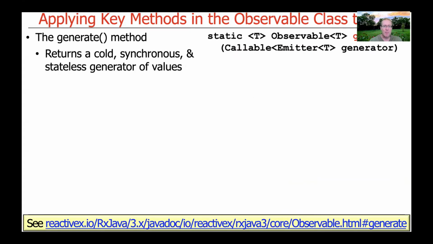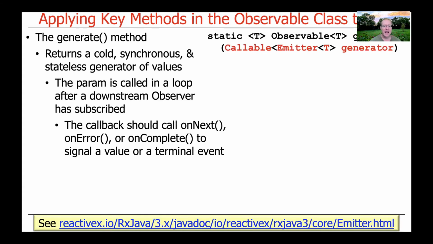So the generate method is going to return a cold, synchronous, and stateless generator of values. And what happens here is you pass in a callable, as you can see here, and that callable is then going to be called in a loop after the downstream observer has subscribed.